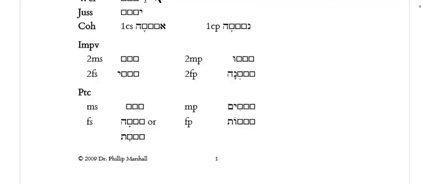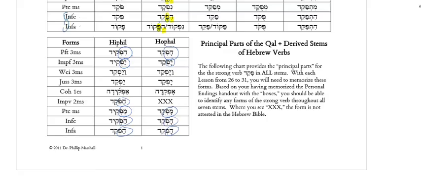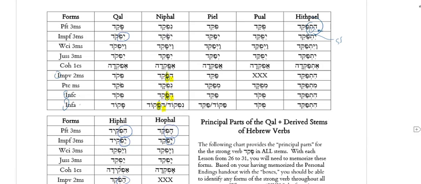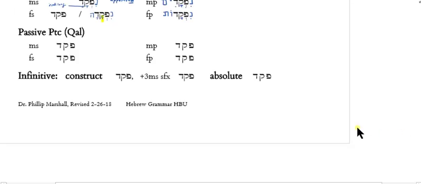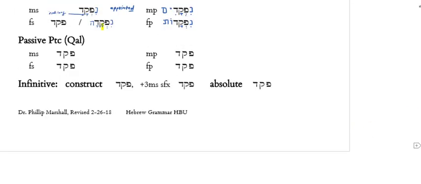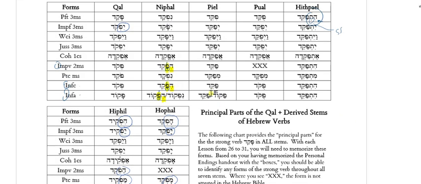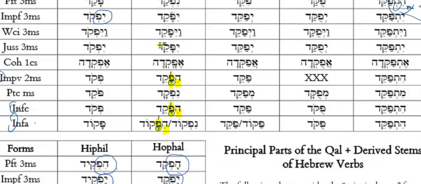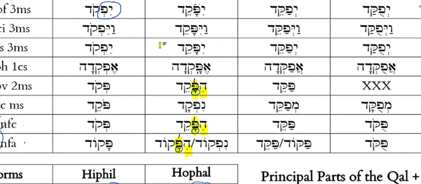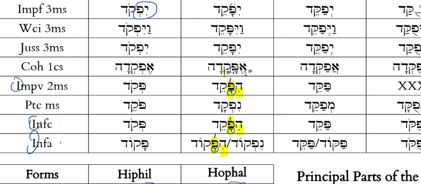If you go back to your principal parts sheet and look at your forms here. Here is the nifal's hey with a hireq under it, and in root 1, you see that doubling dot?